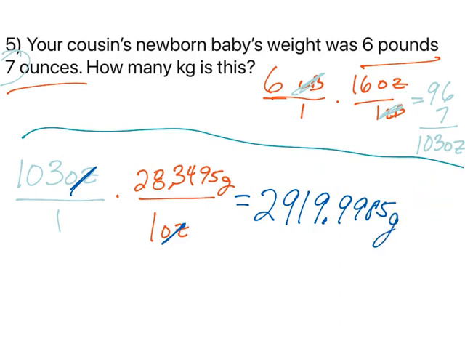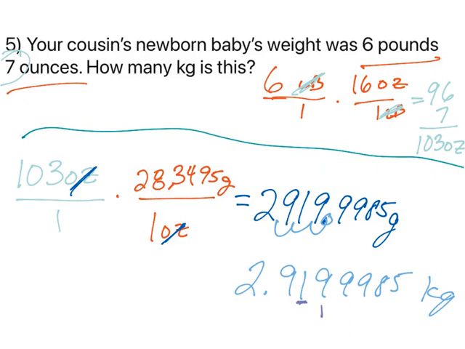Well, how do we change from grams to kilograms? I go left 3 places. So 2.9199985 kilograms. Let's round that to the nearest hundredth. 9 tells me to round up. So 2.92 kilograms. And that is converting between U.S. customary and metric using dimensional analysis.